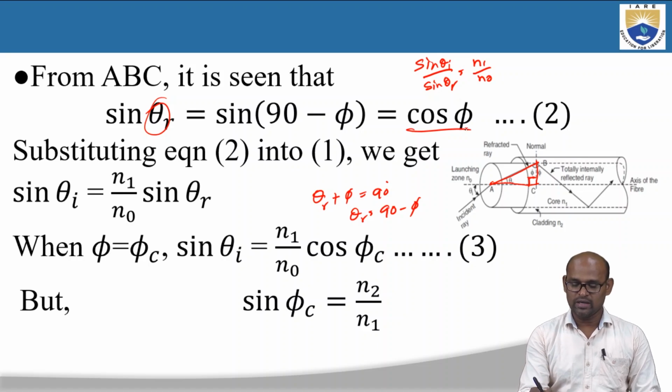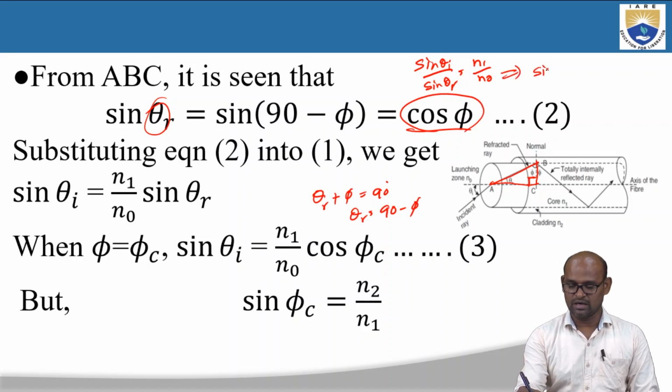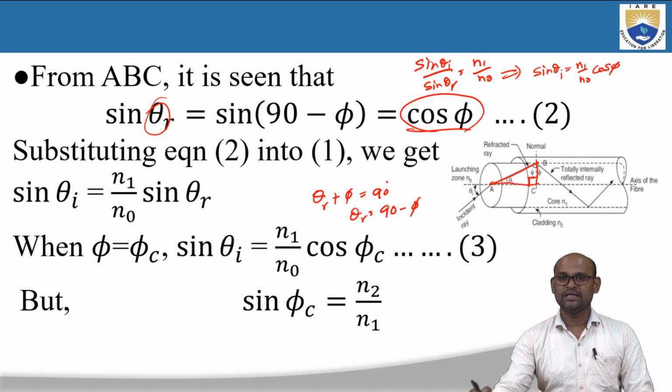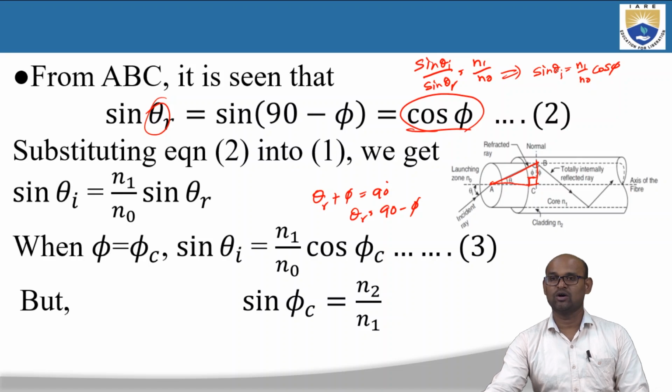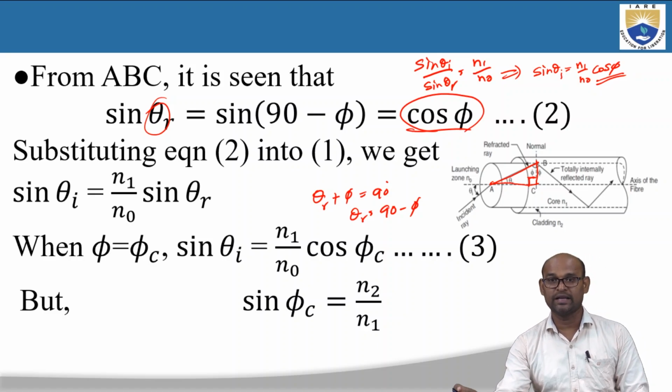Now I need to find this cos phi, because I am going to substitute in this equation: sin theta i is equal to n1 by n0 cos phi. To find sin theta i, which is the largest launching angle, I need to calculate cos phi. To calculate cos phi, I apply Snell's law a second time, to the core and cladding interface.